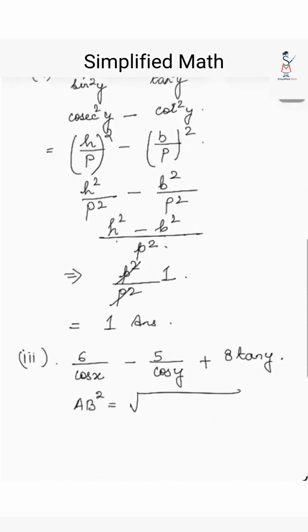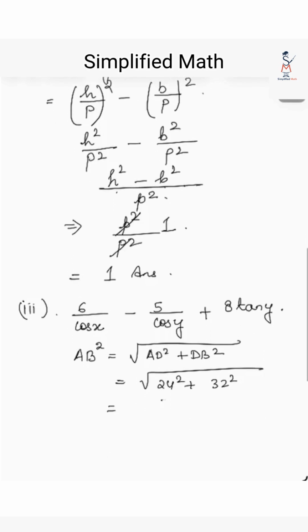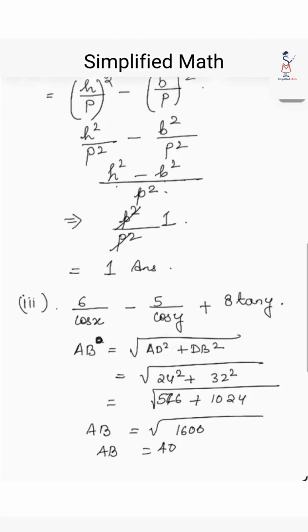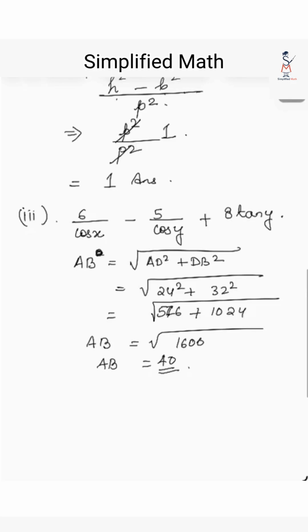That is 24 square plus 32 square, which will come out as 24 square, we saw 576, because the square root of 576 was 24, plus 1024, that is 1600. So AB is square root of 1600. Okay, so AB is 40.